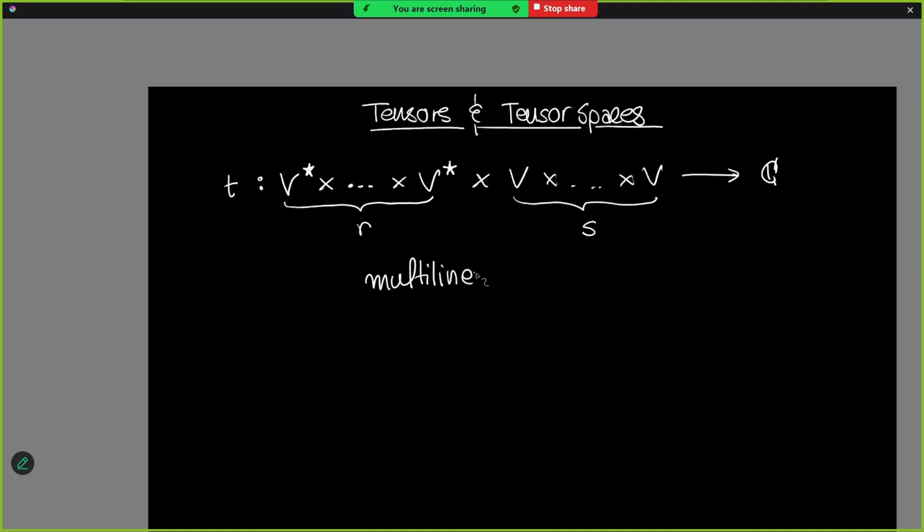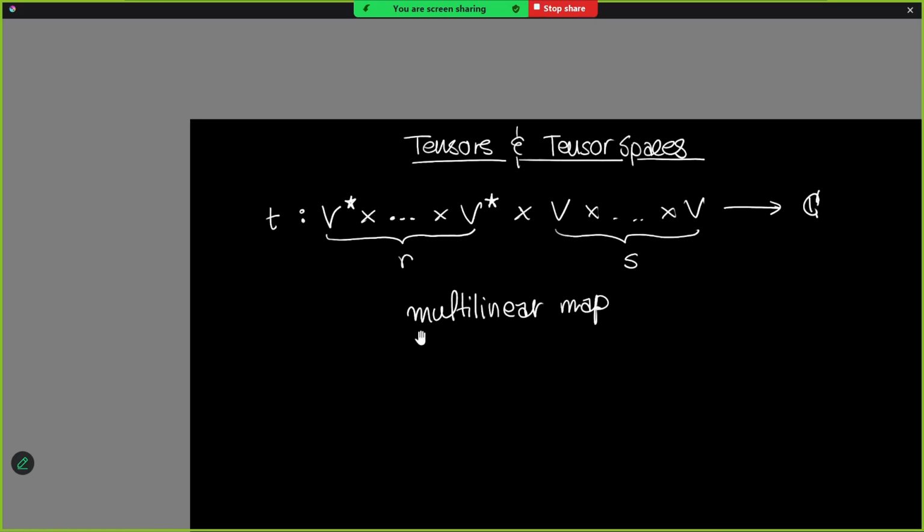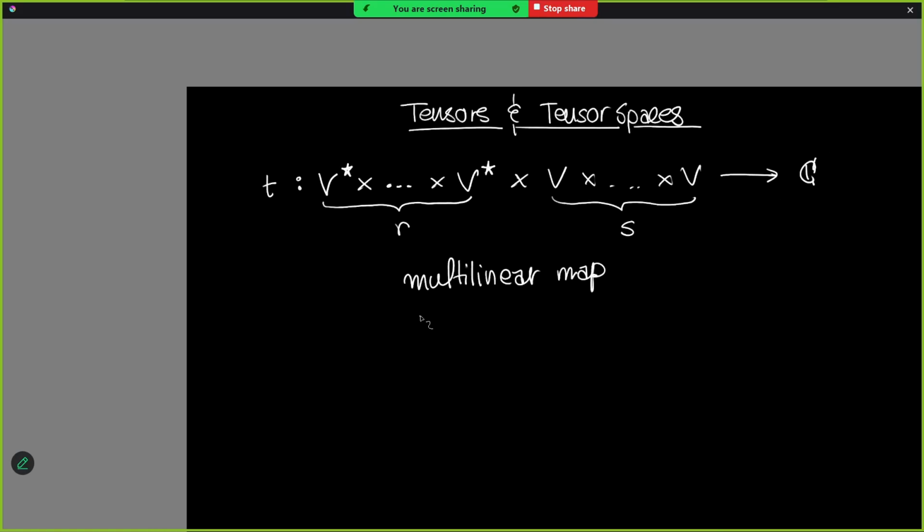A multilinear map, which means that it's a map that is linear in any of its entries. And so like the general property of linearity that you expect from a vector space, we'll have a map that looks like this: alpha, beta, gamma, and it'll be linear in each of its inputs.